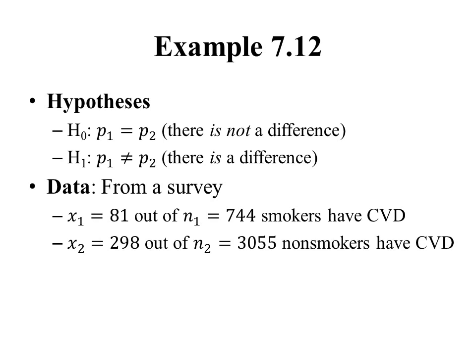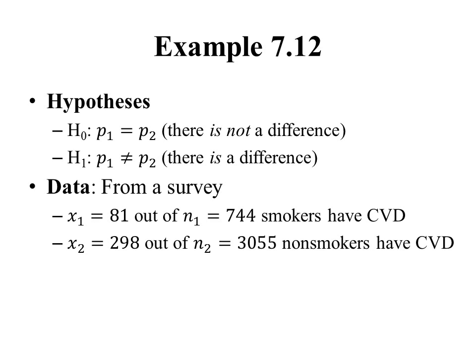Now, in order to determine with 100% certainty if our claim is true or false, we'd have to go out and survey every single smoker and every single non-smoker, count the number who have cardiovascular disease in each population, calculate the exact values of the population proportions, and compare them. Now, that's impossible. As always, we're never going to be able to determine with 100% certainty if our claim is true or false.